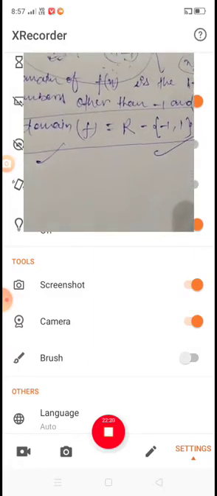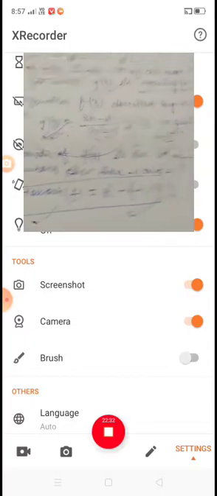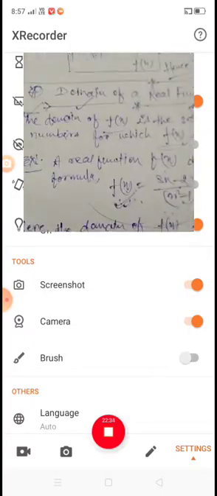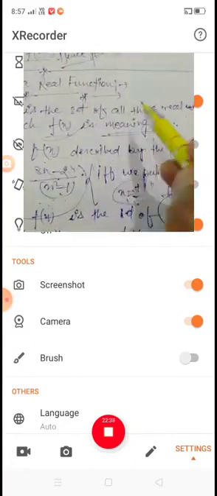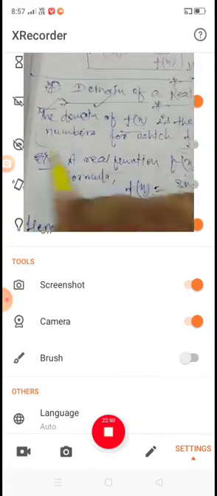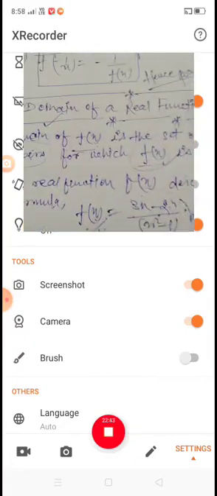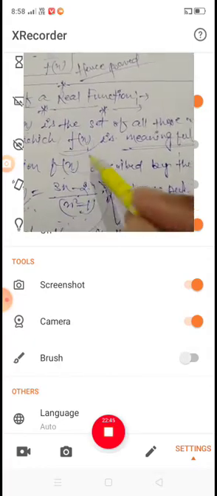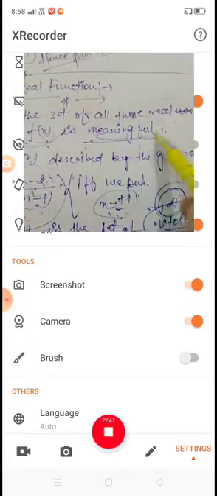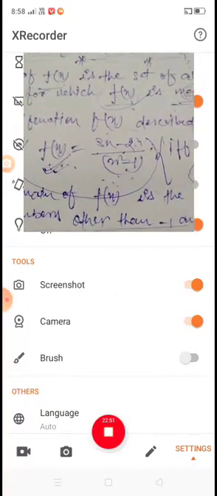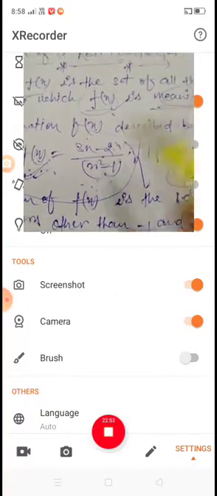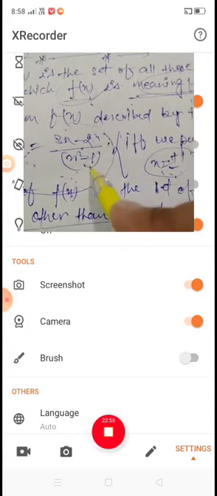Okay dear students, the simple concept of domain: the domain of any function f of x is the set of all those real numbers for which the given function is meaningful. We take an example, f of x is equal to 3x minus 2 upon x square minus 1.